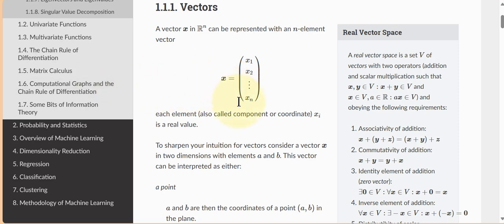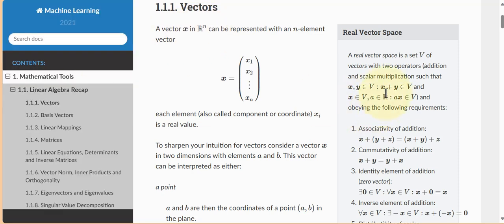Since there are n elements, we say that this is a vector in Rn, because the elements in here are real numbers, right? That's typically what we're doing in data science and machine learning. Each of them is a number, and there are n of them, so it's Rn.